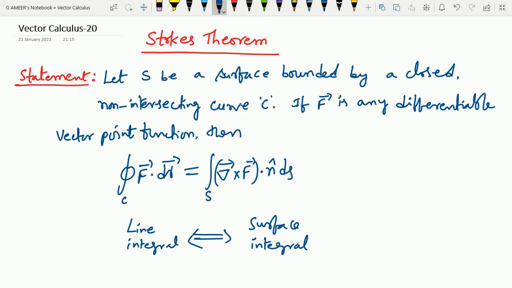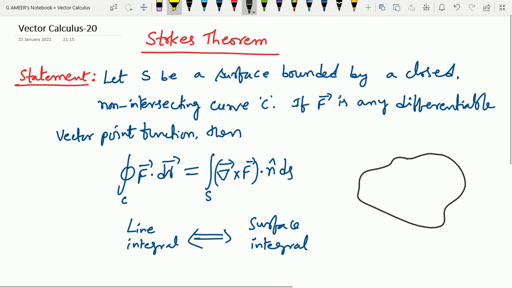So I have a surface bounded by some curve C. This is the curve C, and obviously this is the surface which has some region.